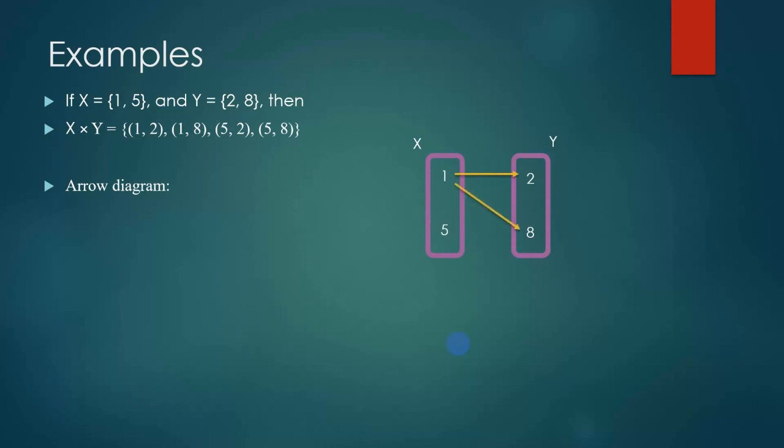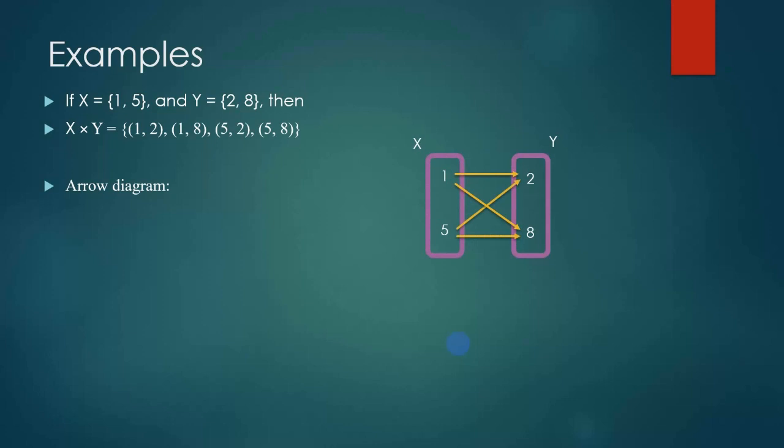And this arrow represents the second ordered pair, whose first projection is 1 and second projection is 8. This arrow represents the ordered pair (5, 2), and this arrow represents the ordered pair (5, 8). This is about the arrow diagram.